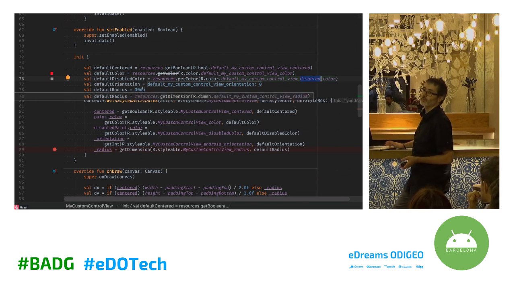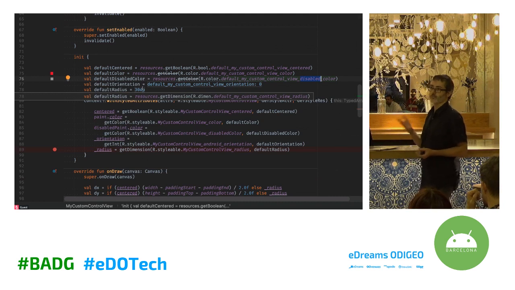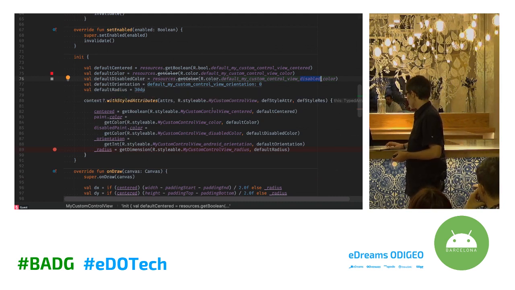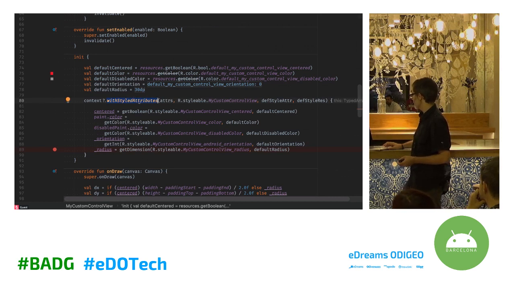So this example would be a circle with a color, something super simple. KTX, in this example, we are using KTX. We'll see how to include it later, but in this case, I'm using with styled attributes to get a stylable that I have defined.